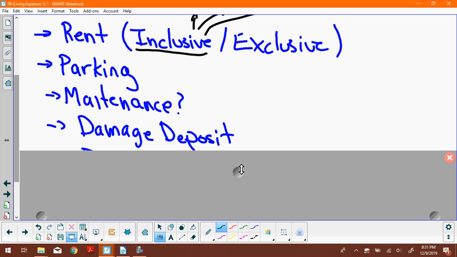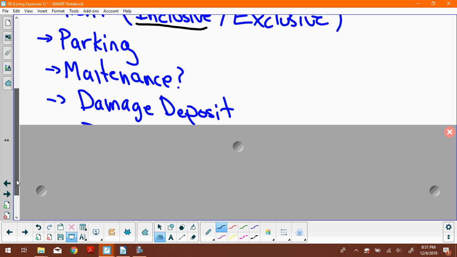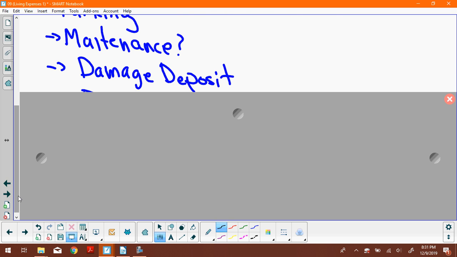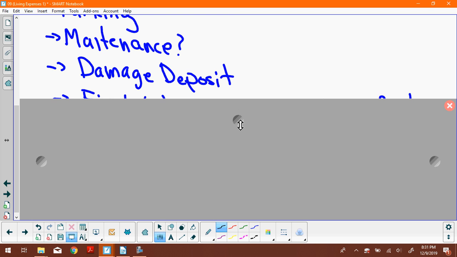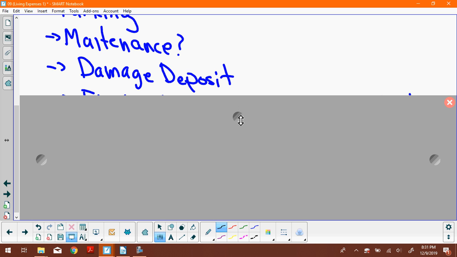With regards to that, there's this thing called a damage deposit. At the start of your rental contract, you might be asked to pay an amount up front that will cover damage for certain things. The good thing is you can potentially get that back if you don't actually have any damage.